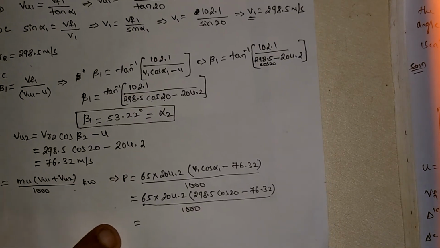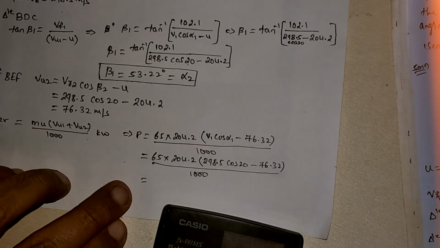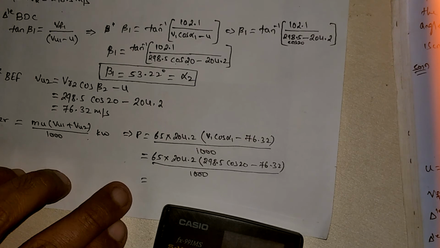So we'll get power is equal to 65 into 204.2 into bracket 298.5 into cos of 20 minus 76.32, bracket close, divided by 1000.